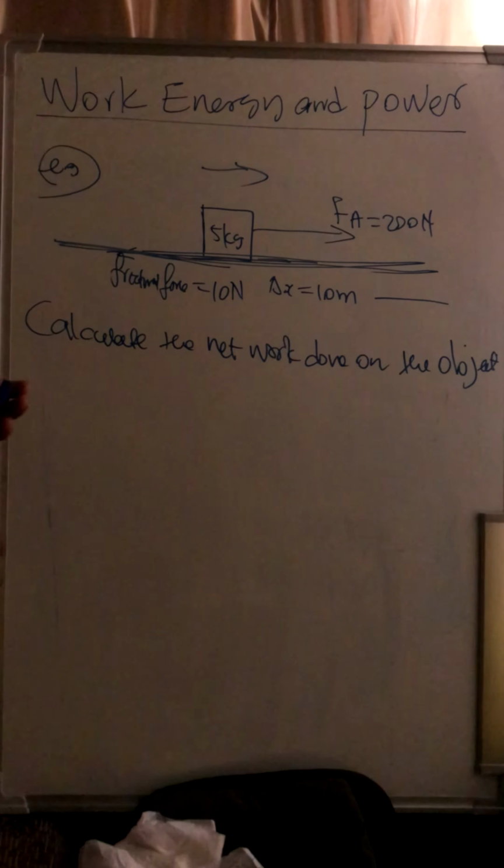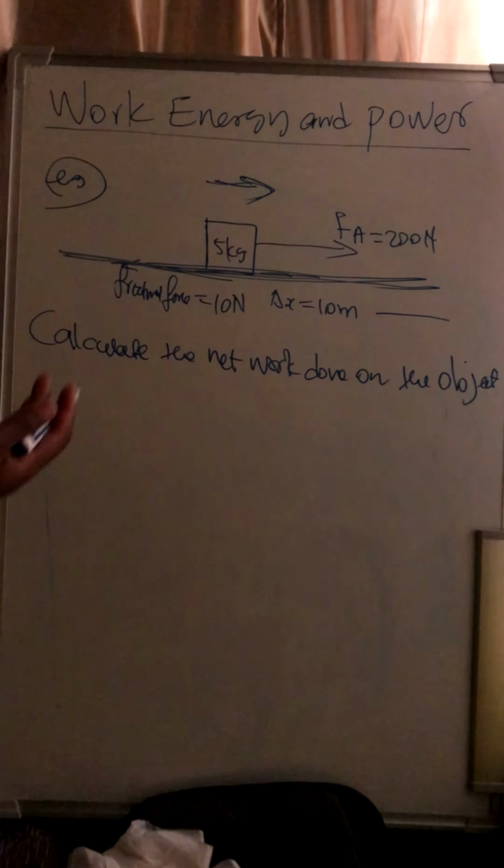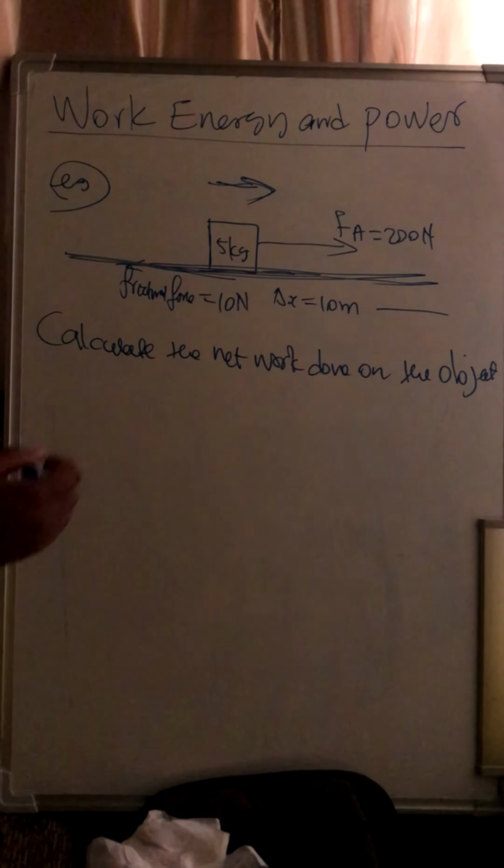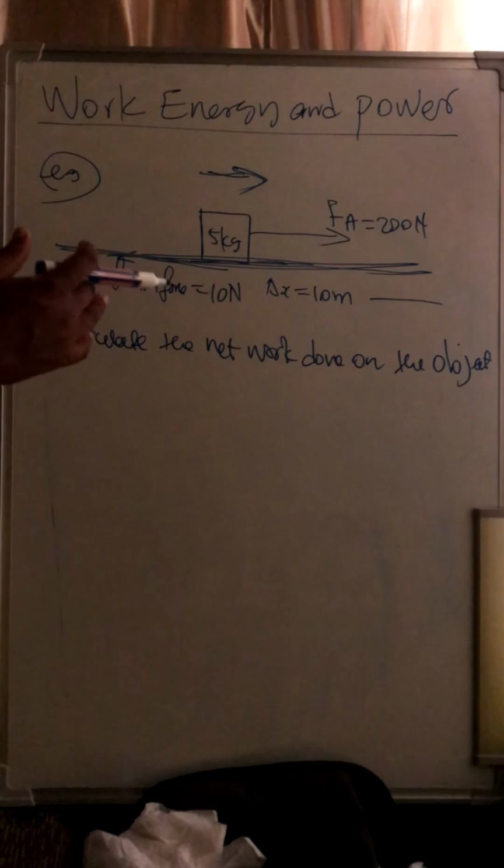As you can see, this object is going to the right. Calculate the net work done on this object. What do you do? You're going to calculate the work done by each force, or you do the F net. This is option 1, you see.